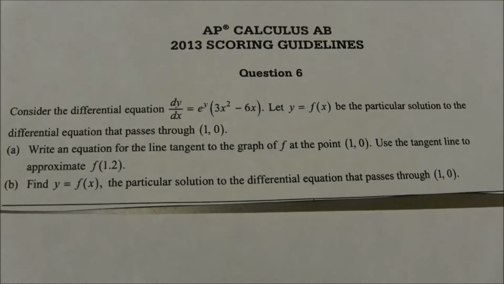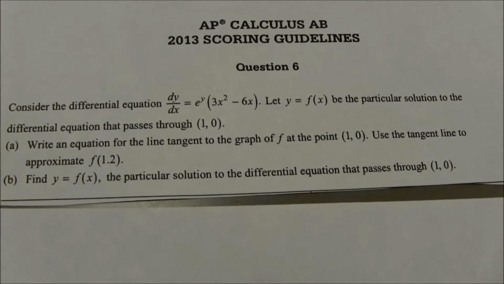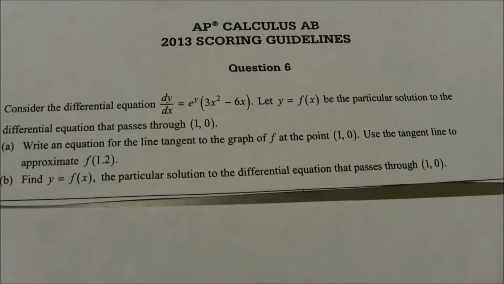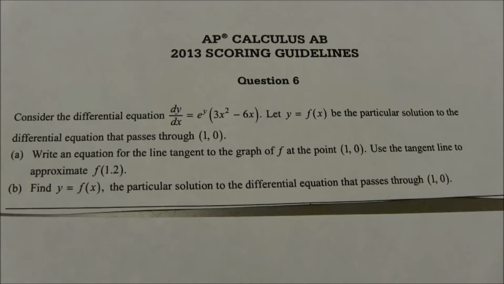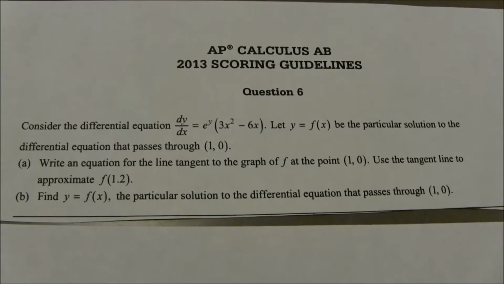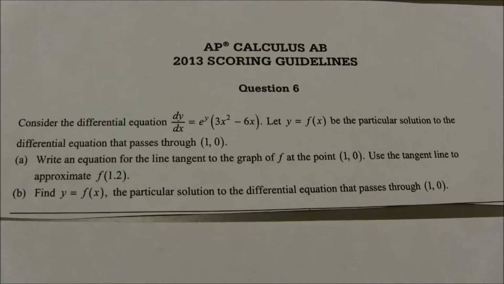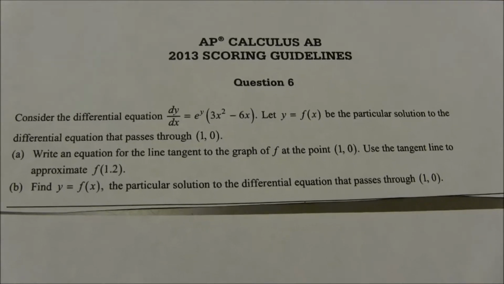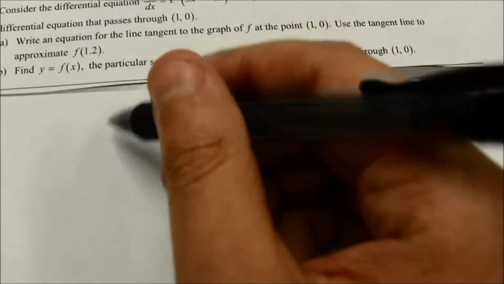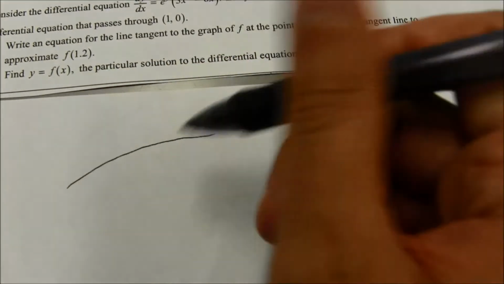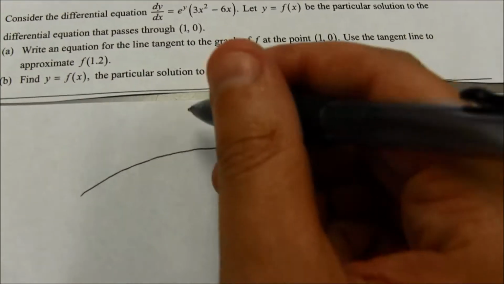So one of the challenges is you've got a differential equation. You don't have the original function without finding the particular solution. Sometimes that's pretty easy to find. Sometimes it's not. But you can use a tangent line equation to estimate points near a particular value. So essentially what's happening is you've got a curve of some kind, and that's function f, which we don't know.